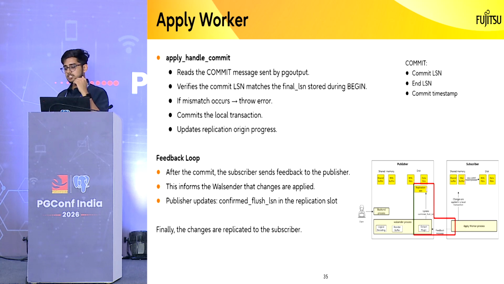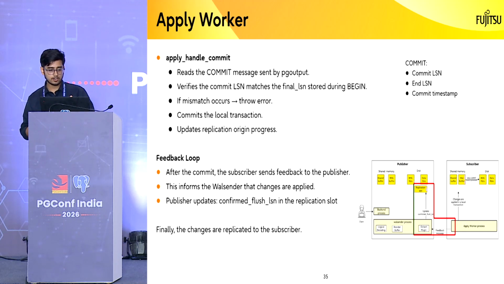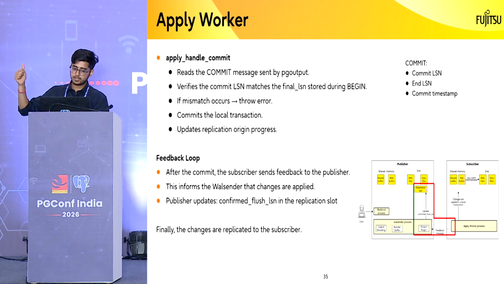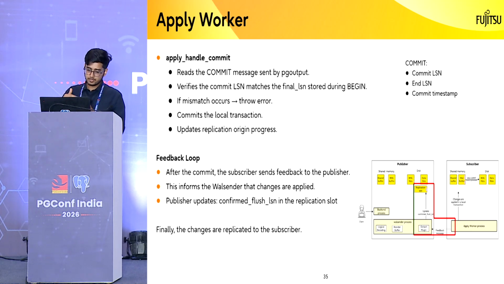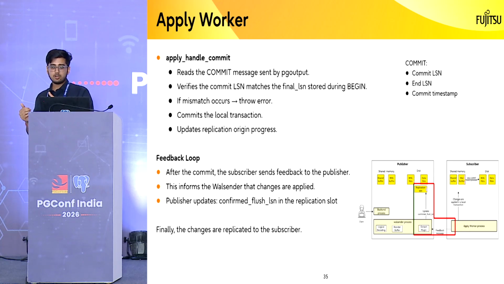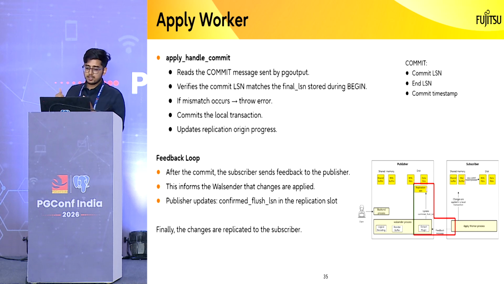It will check the commit LSN against the final LSN which was received when the begin message was read, and match them. If a mismatch occurs, it will throw an error; otherwise it will commit the local transaction which was created by the insert message, and once this local transaction is committed, the replication origin progress is updated.